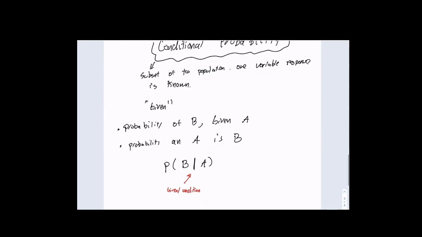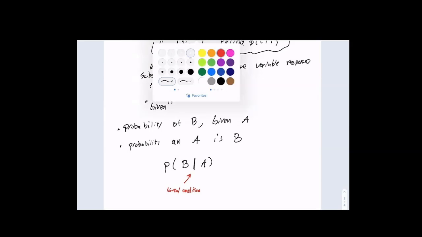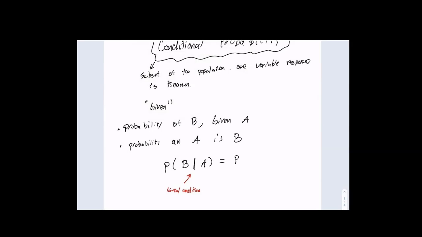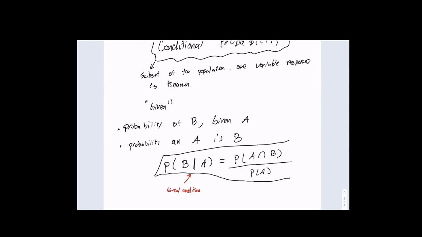So it's given or condition A. This probability is equal to the probability of B and A over, or actually I want to do A and B. It doesn't matter if A and B or B and A, they're the same thing. Divided by the probability of A. That's the formula. All right.